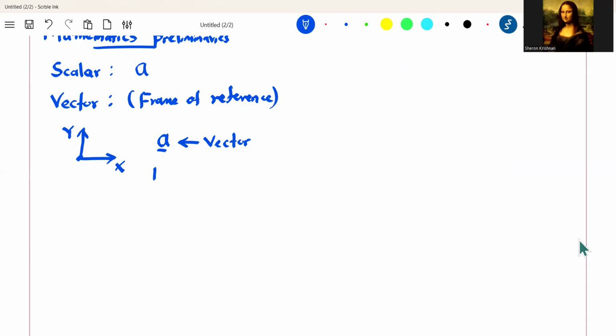When it comes to index notation, to represent the vector we use a_i. Here, i we call a free index. This free index is a dummy index.